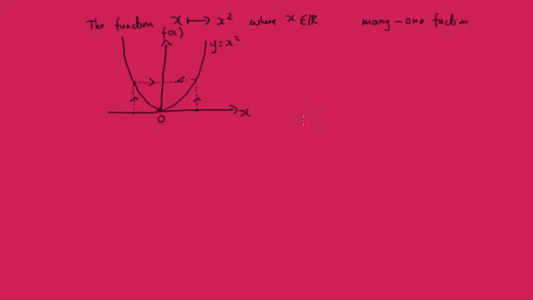So a many to one function has one output value for each input value, but each output value can have more than one input value. So we could have this is 2, this is minus 2, and they're both going to be mapped onto the same output, and that would be 4.